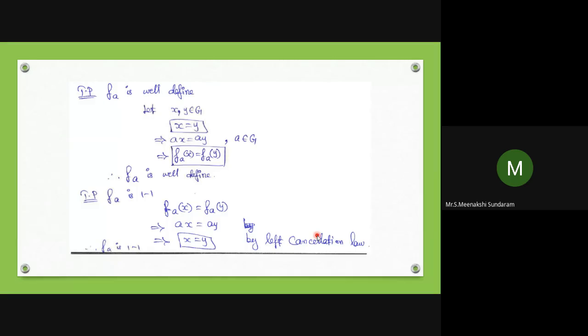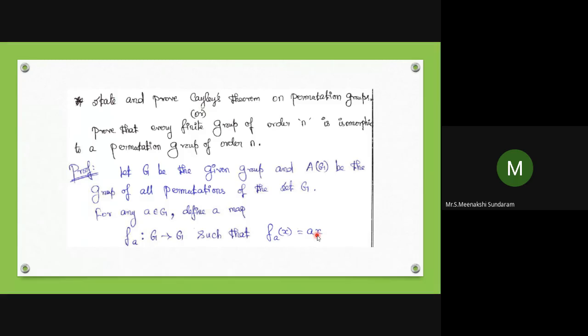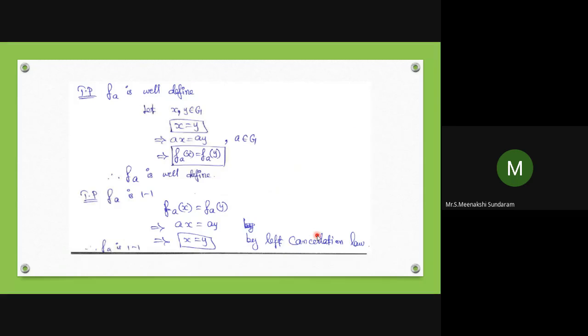To prove f_a is well defined, we take 2 elements in the domain; if both are equal, then their images in the codomain are also equal. Here my domain is G and the codomain is also G. So if an element of the domain is x, the codomain has ax. Take x equal to y, and with a belongs to G in the domain, the closure property is satisfied. So pre-multiplying by a on both sides, we take ax equal to ay. So f_a of x is equal to f_a of y.